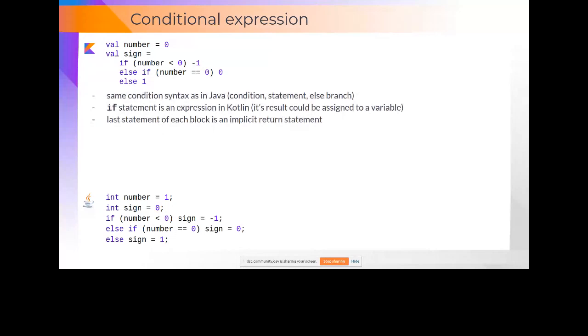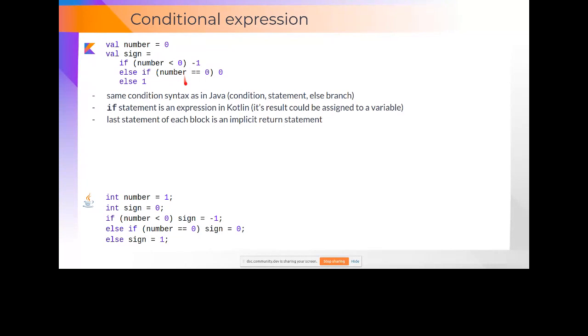So Kotlin has expressions. It has conditions as well, like Java, and the syntax is pretty much the same as in Java. So you can write the same if conditions. You write if, a condition, whatever evaluates to Boolean, and there is an execution block, or else, and you can write a new condition. But in Kotlin, conditions are expressions, which means that they have a return type.